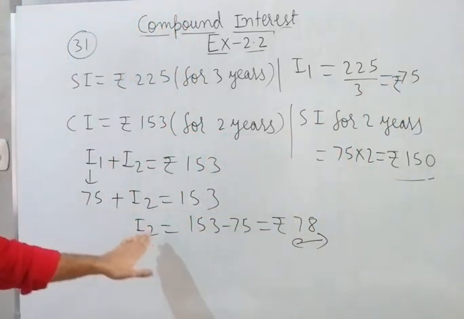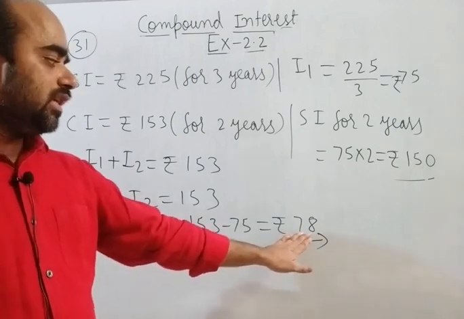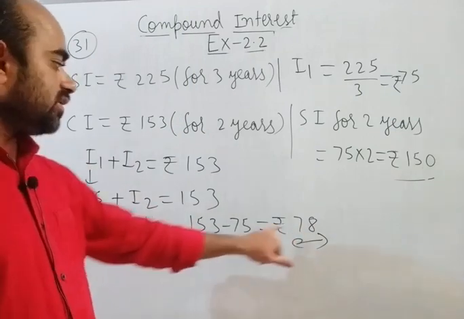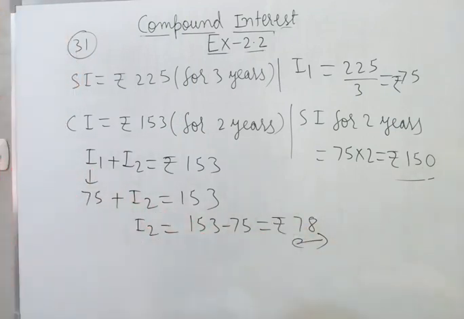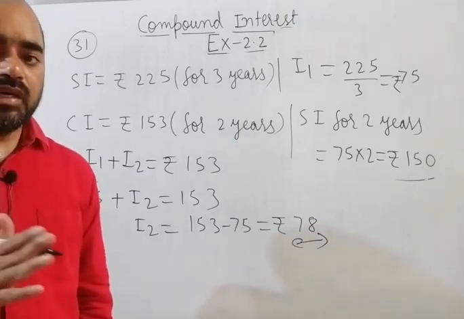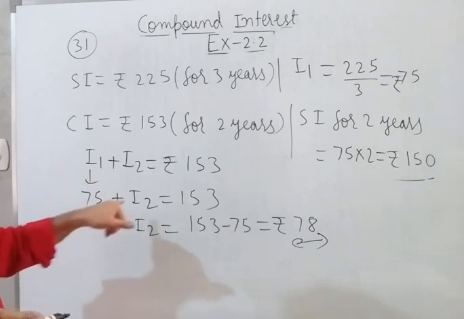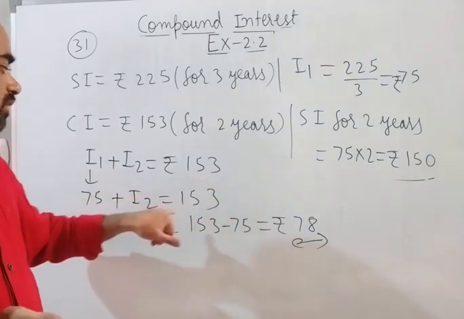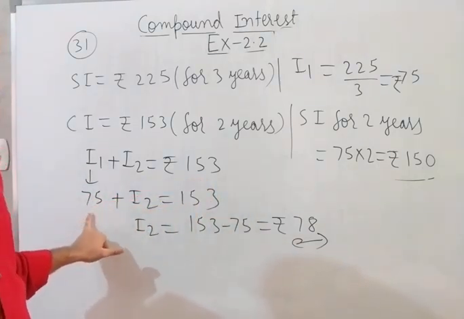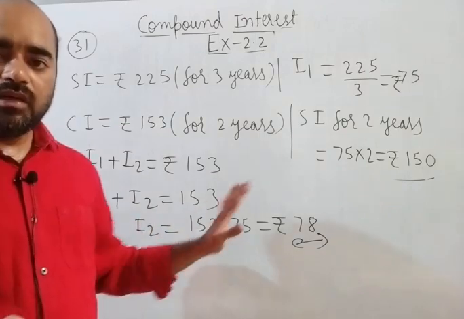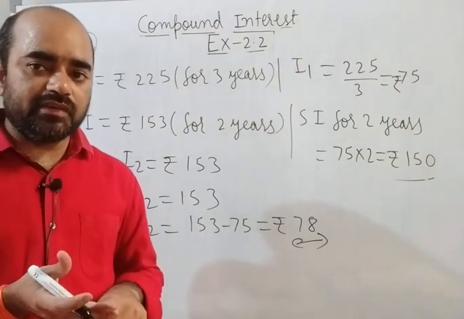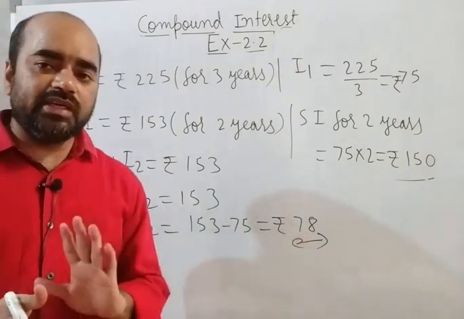Now here we can calculate interest for second year. So interest for second year is 78, correct? Interest for first year is 75, interest for second year is 78.